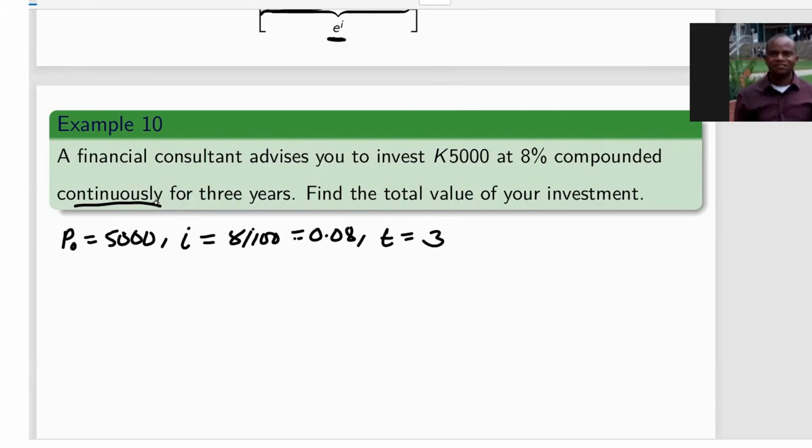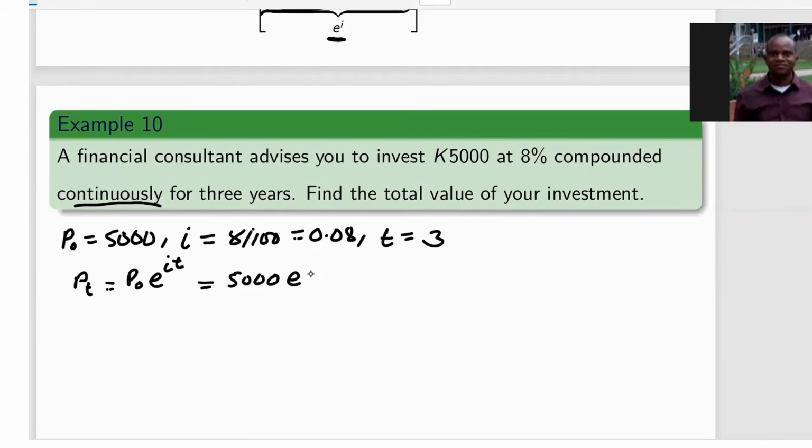So what is the formula? If you look at equation number 10, we can find the total value P of t equal to P naught e to the power it. Substituting in these parameters, P naught is 5,000, so we're going to have 5,000 there.